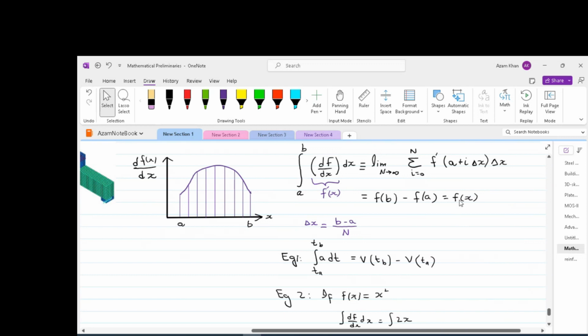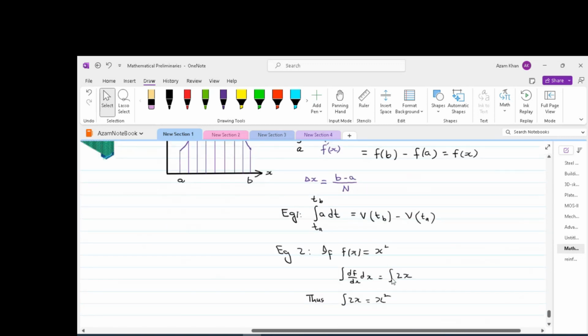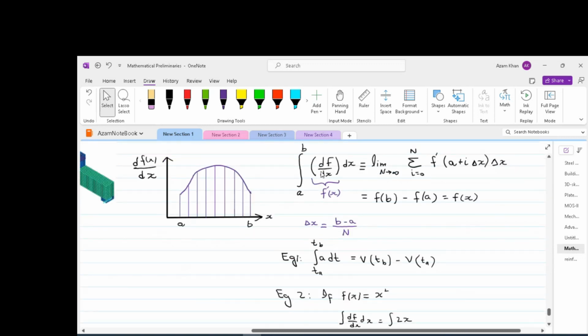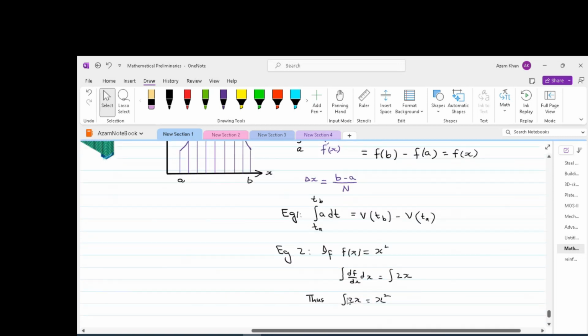So f of x I'll put as x square. The df by dx is 2x. So this will be 2x dx. The integral of 2x is equal to x square. This tells us that both integral and differentials are inverse of each other, because if integral is x square, then the differential is 2x.